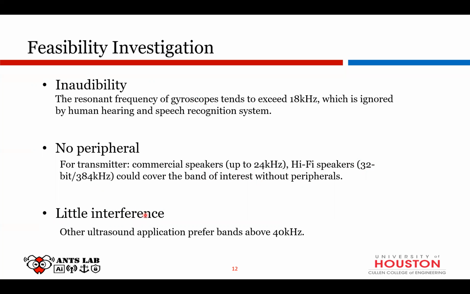For other ultrasound applications, such as material inspection, they prefer the bandwidth above 40 kilohertz. So they always work at higher frequencies, which will not affect what we want to use for communication.